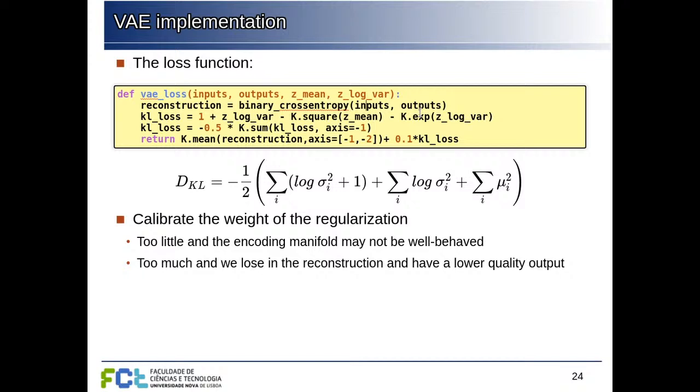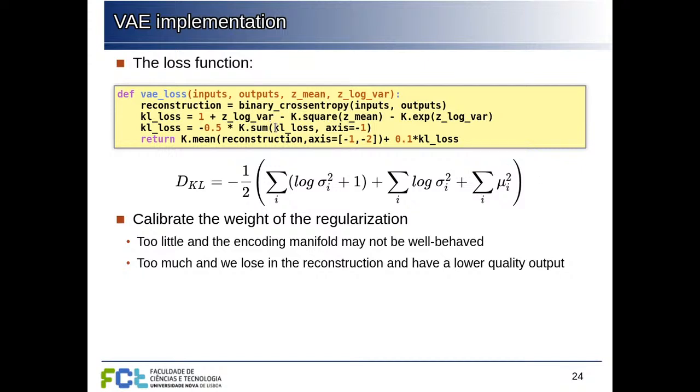Basically, we are comparing all the pixels of the image in the output and the image in the input, and for each pair of values we are computing this cross entropy, and we get the mean of that cross entropy for all the pixels. But we also need this Kullback-Leibler divergence so that we force the distributions that we are generating to be close to these well-behaved Gaussian distributions with mean of 0 and standard deviation of 1.